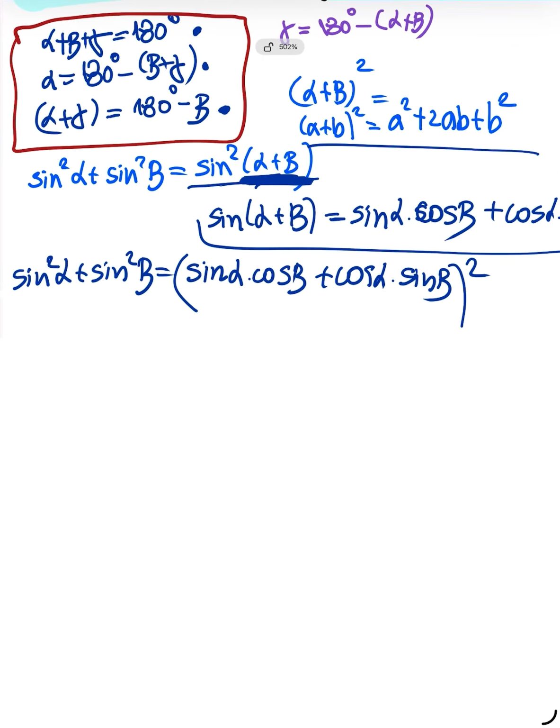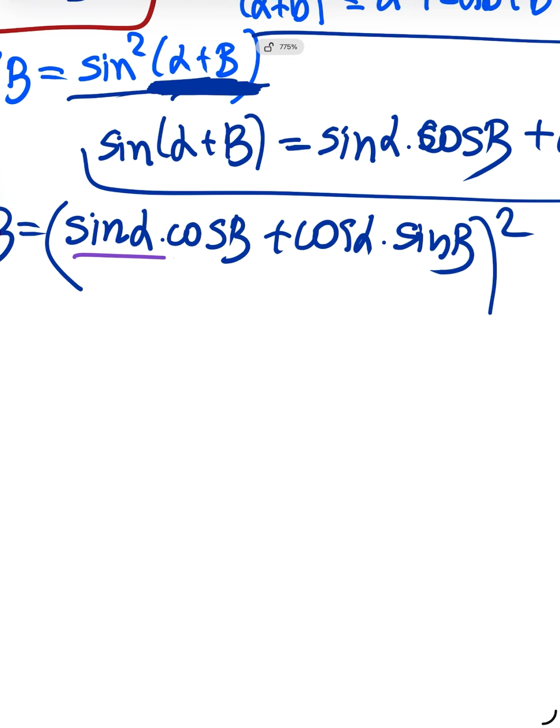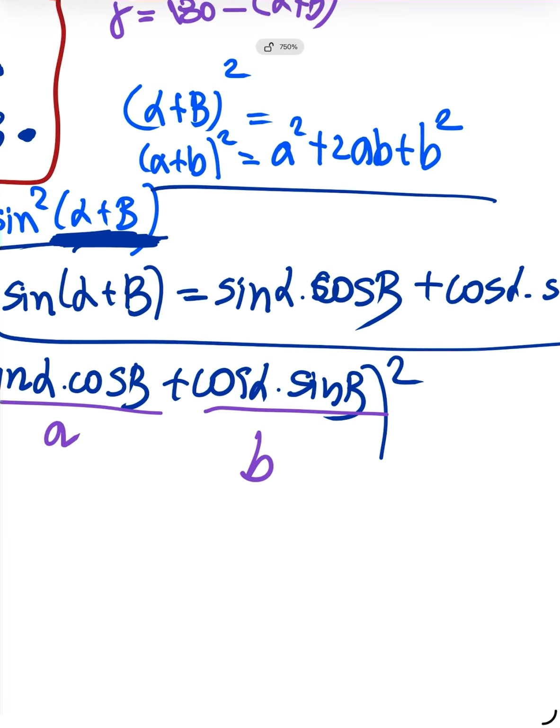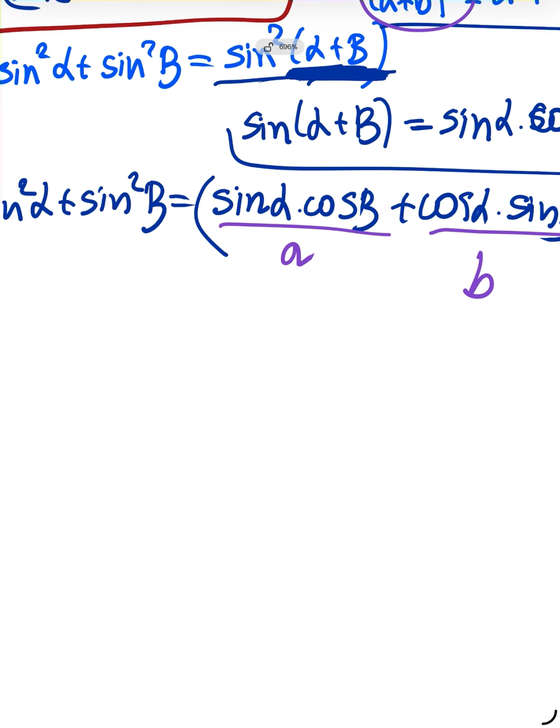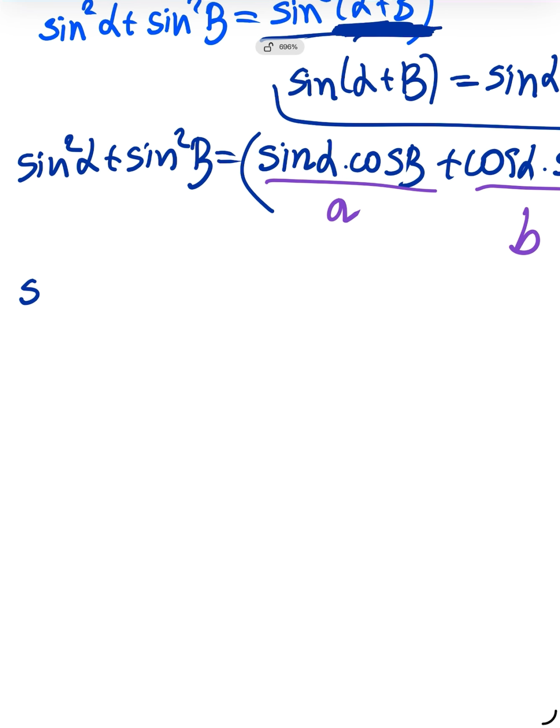And now this term plays the role of A, and this term plays the role of B. And we are using this identity, one of the basic mathematical identities.